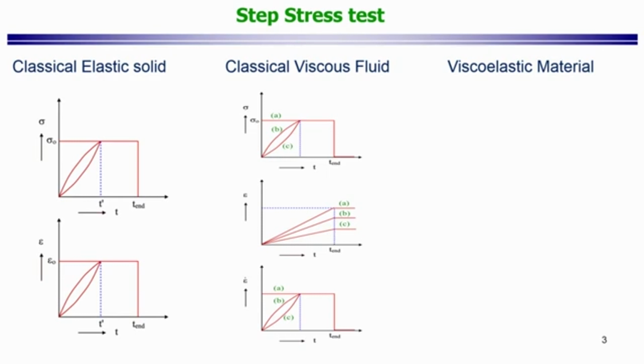So, this is the response of stress for a classical elastic solid and you can compare that with that of a classical viscous fluid. I have deliberately left one column empty, which is for a viscoelastic material. So, you can imagine what the viscoelastic material probably would be. It would be somewhere in between the two responses, right.